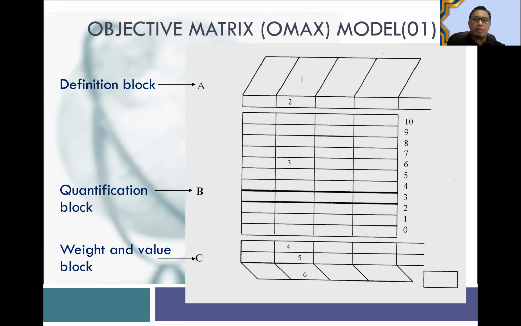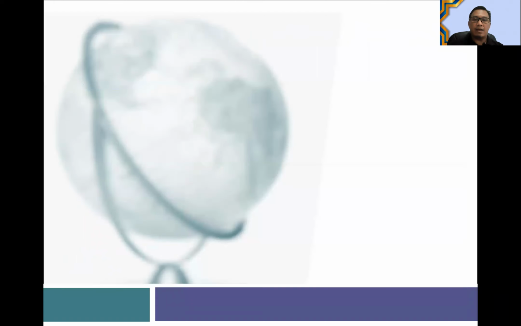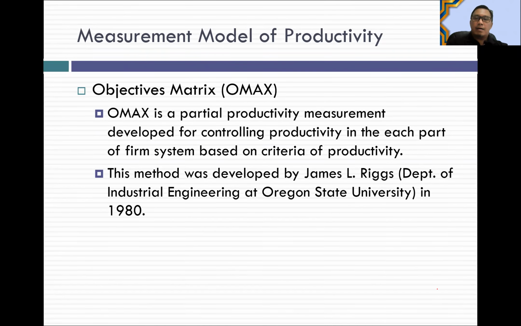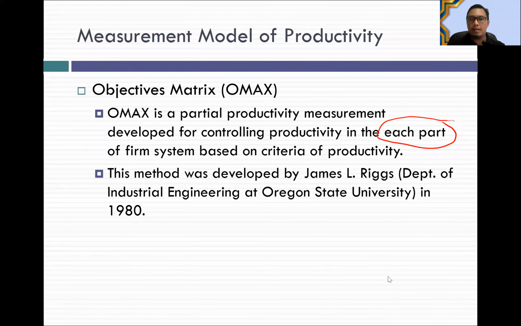The definition block may consist of the criteria for productivity measurement, meaning which part of the firm or organization will be calculated. So the A part consists of the productivity criteria that we're going to calculate, in this case the part of the organization or firm whose productivity we're going to calculate. That's the A part.